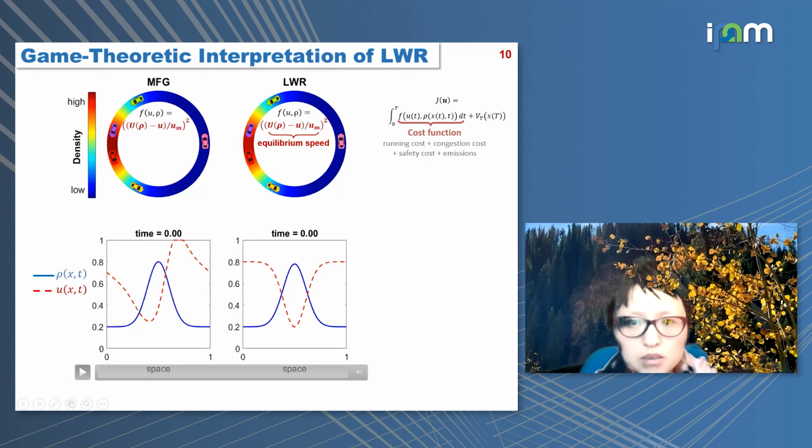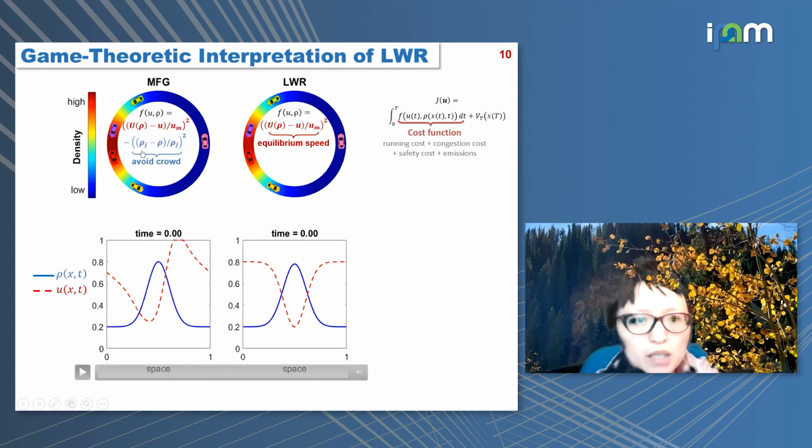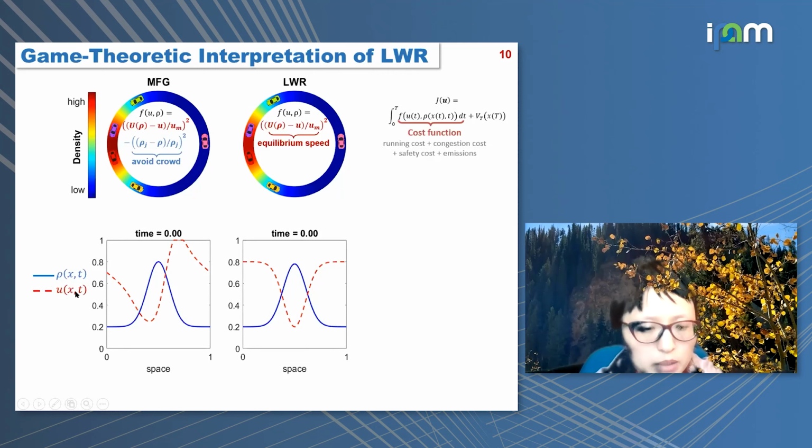On top of this, we add another term: they not only try to match the equilibrium speed, they also try to avoid crowding. Rho_j is the jam density. So we just add one extra term to this cost function. Then we plot the equilibrium solution down below to compare them.